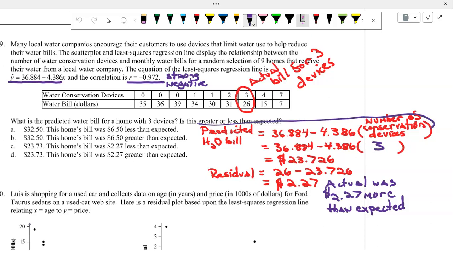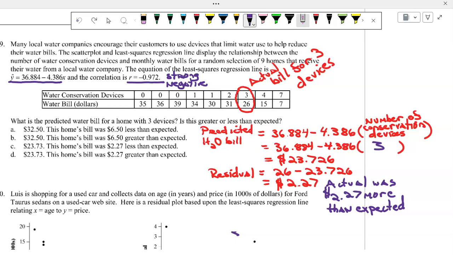So there's our prediction equation, and we're going to substitute in 3. Right? So we get a predicted value of $23.27.